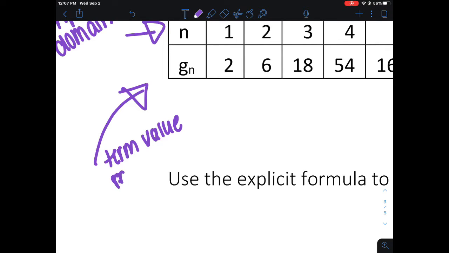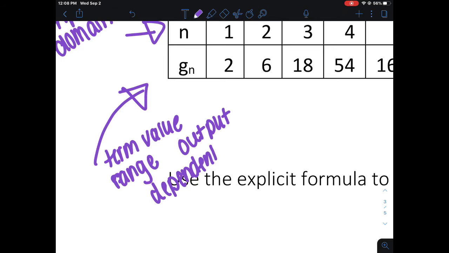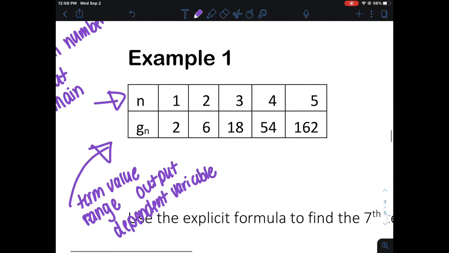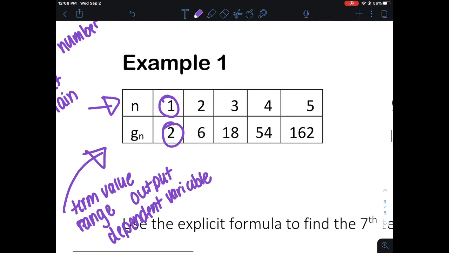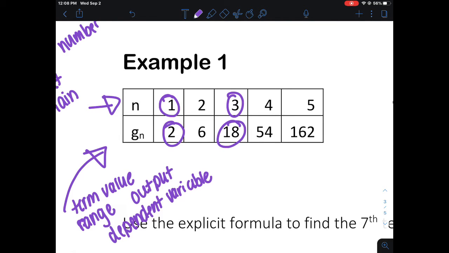It is our range. It is our output. It is our dependent variable. So we plug in the term number. We plug in 1, we get out 2. We plug in 3, we get out 18. Again, if you want to think of this as days and money, first day you made $2, third day you made $18.